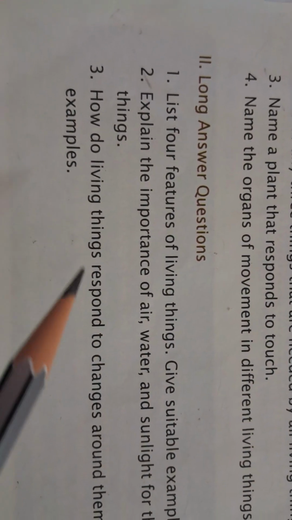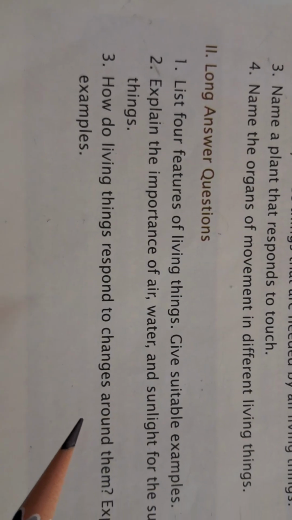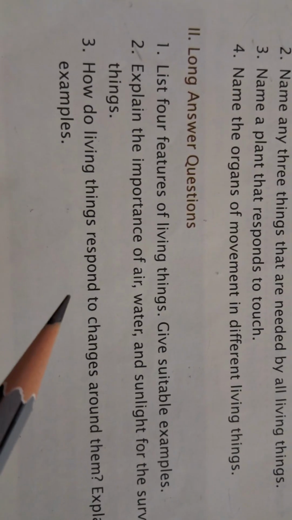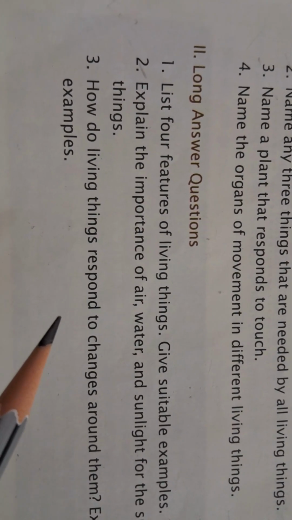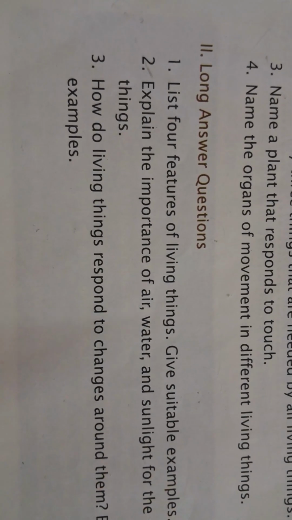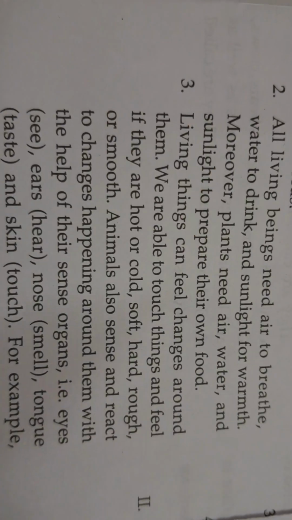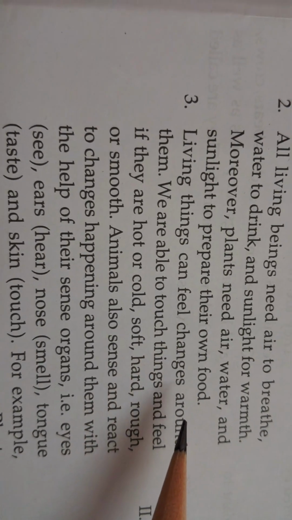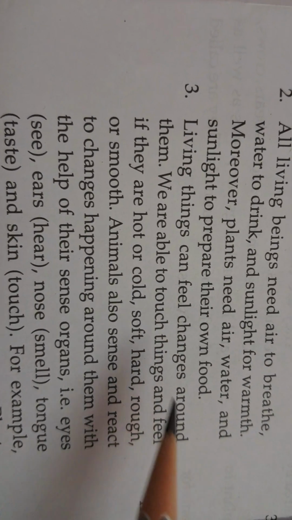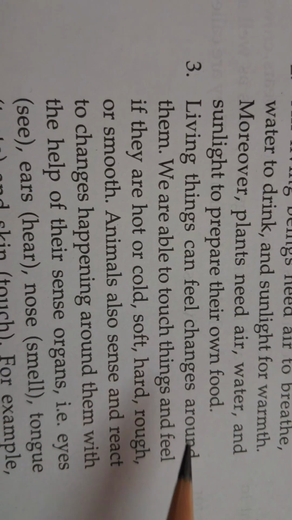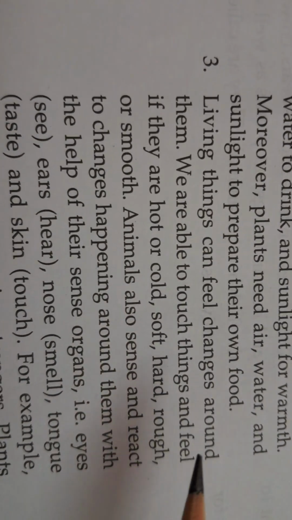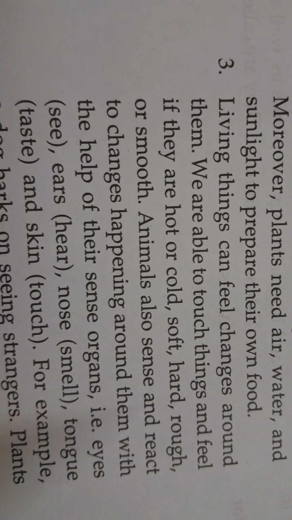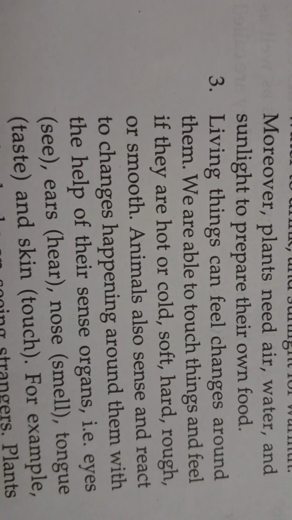Third one, how do living things respond to changes around them? Explain with examples how they respond to the changes around them. The answer: living things can feel changes around them. We are able to touch things and feel if they are hot or cold, soft, hard, rough or smooth.